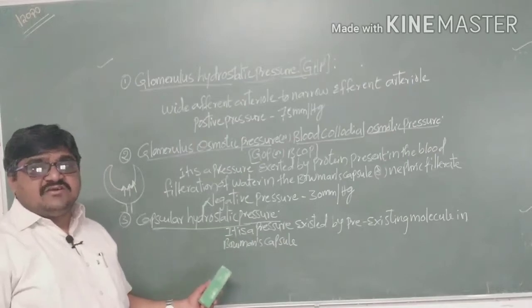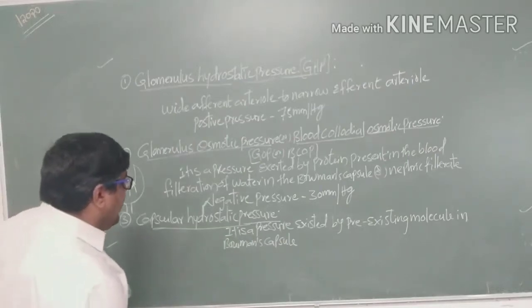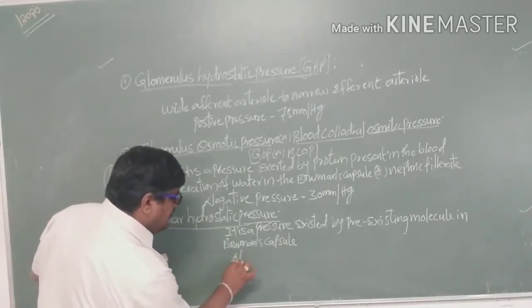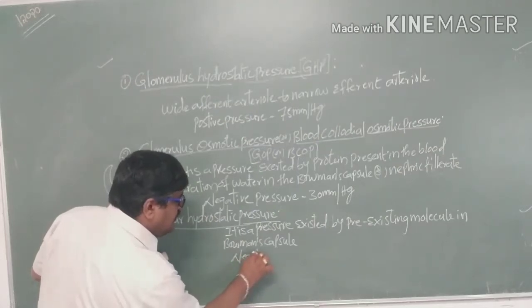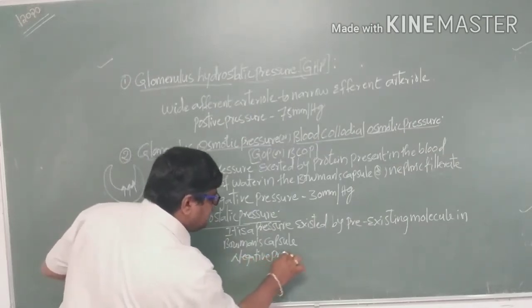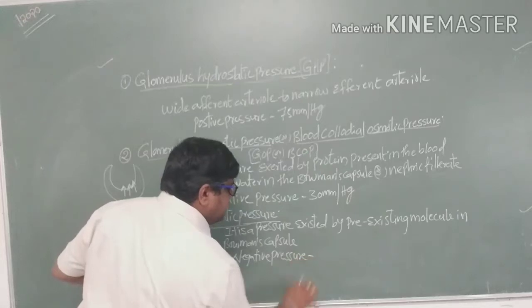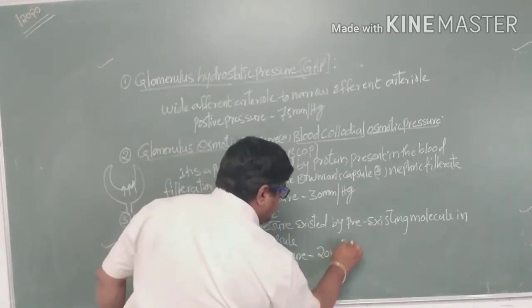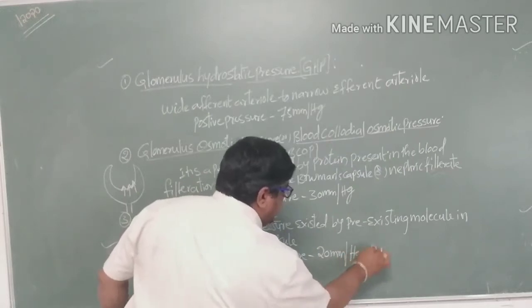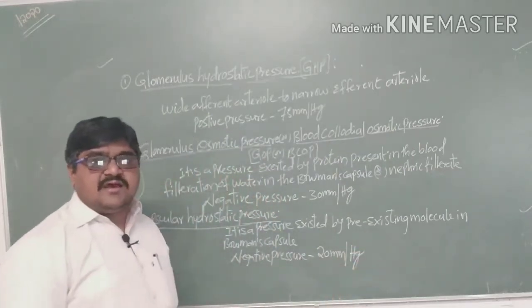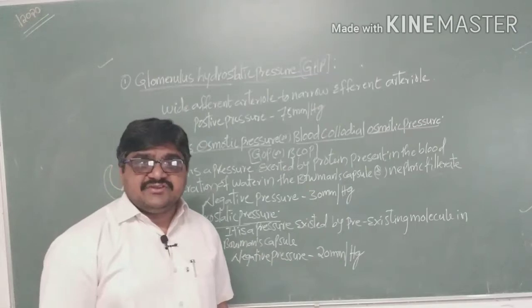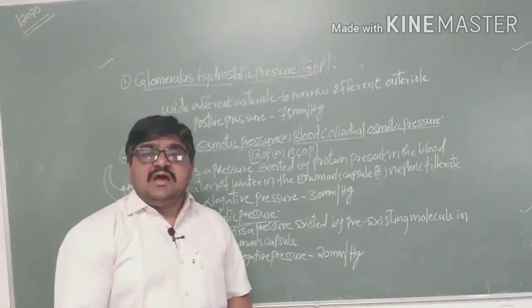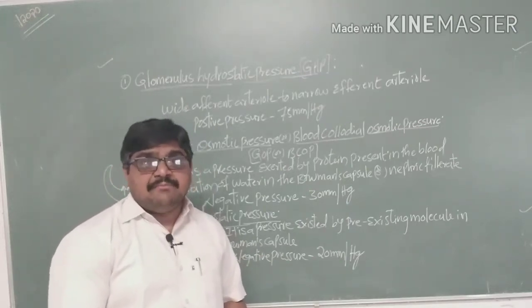How much is it? It is also a negative pressure, 20 mmHg. That pressure is called the capsular hydrostatic pressure.